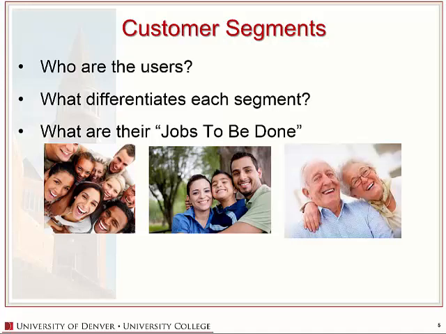They may have a totally different set of reasons for coming to your website that supports health and health insurance information. So once again, who are your users, what differentiates each segment, and what is their specific job to be done. And this is a pretty brief section in which you want to describe those various customer segments which your strategic initiative will support.